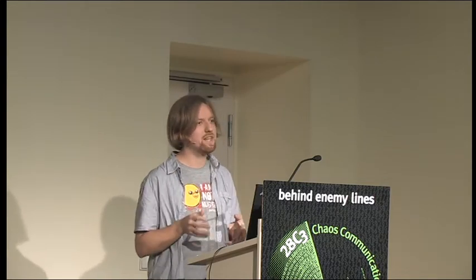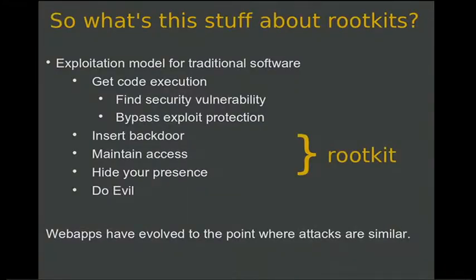So I mentioned before that this talk isn't really about rootkits, because in traditional client-side software, the way you have malware running on users' machines is that first you find a code execution vector, so you find a bug, or you entice a user to click on your executable and fool them that way.